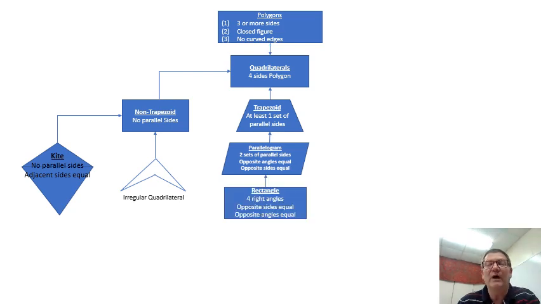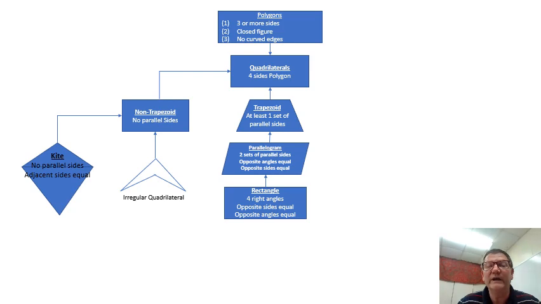Now we're adding in a rectangle, like we looked at today. A rectangle has four right angles, but it also has two sets of parallel sides, so it's also a parallelogram. Not all parallelograms can be rectangles because they don't all have right angles.